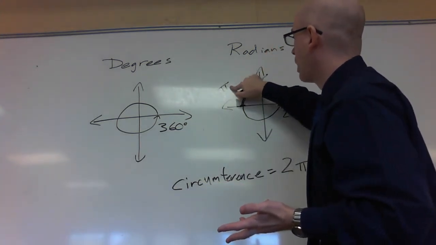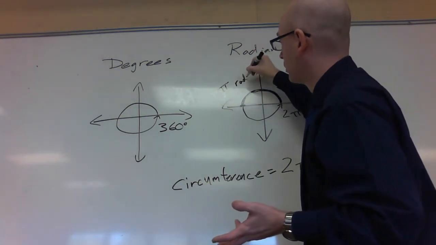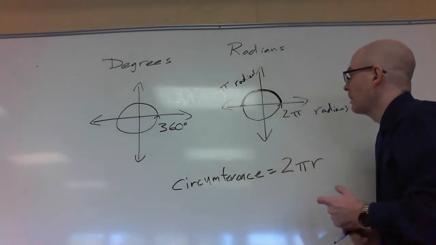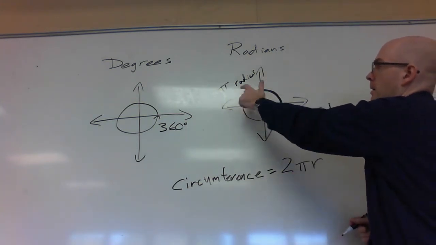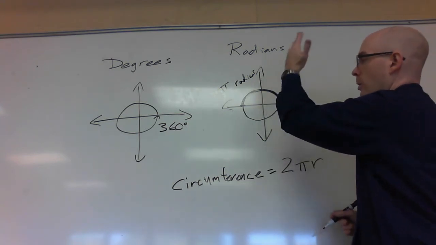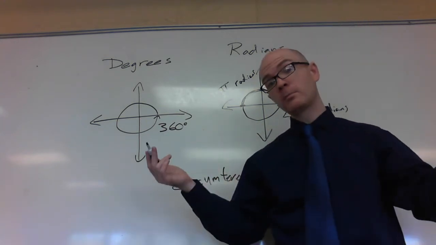So if we're going to call it by a measure, we would just call it pi radians. Okay? The full circle would be 2 pi. Half circle would be pi. A quarter of a circle rotation, or 90 degrees, would be half pi.